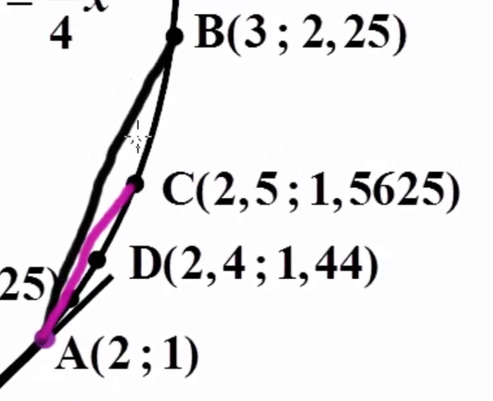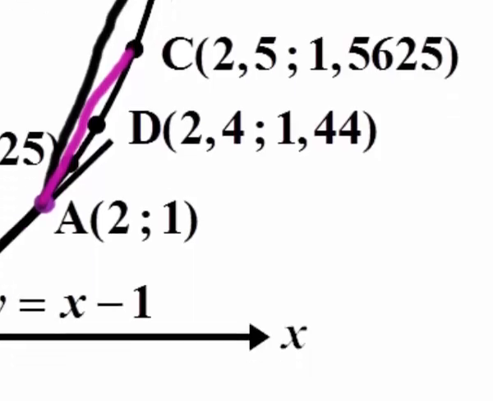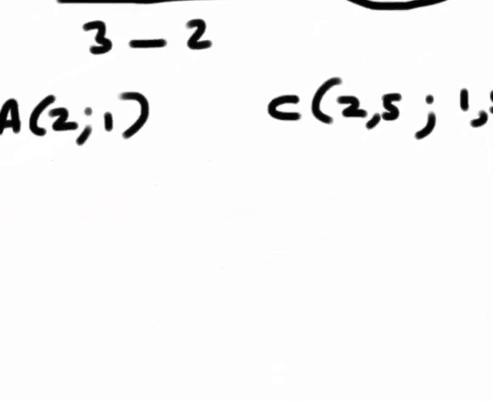Notice you've got the black line and the pink line, and the gradients are changing. Obviously they would change because the points are moving closer and closer to A. B is there, C is getting closer to A, then D, and then eventually E, and then we will overlap, and we'll have the tangent to the curve at that point. But let's just get the average gradients here.